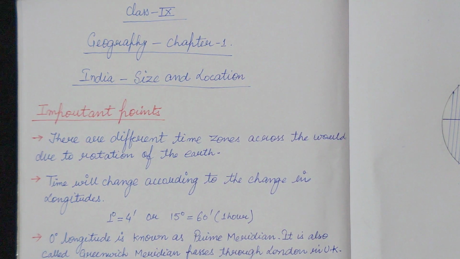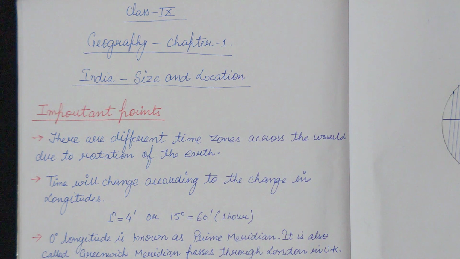As you know, the longitudinal extent and the latitudinal extent of India is almost 30 degrees, and for a 15 degree change in the longitude, there will be a change of 1 hour. It means that due to the longitudinal extent of 30 degrees, India has a time gap of 2 hours from the westernmost point to the easternmost point.